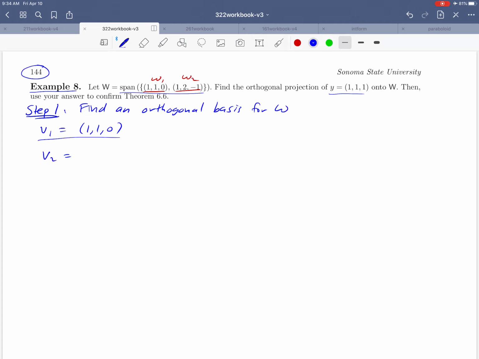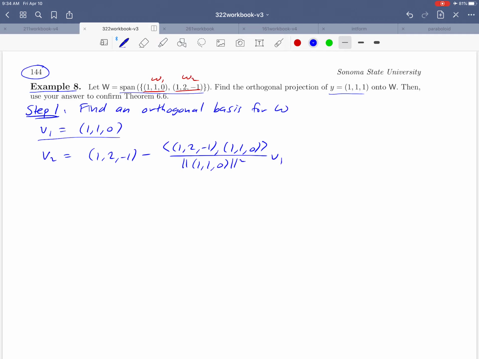You can look back at that. So to calculate V2, we're going to start with W2 minus the inner product of W2 with V1 over the length of V1 squared times V1.